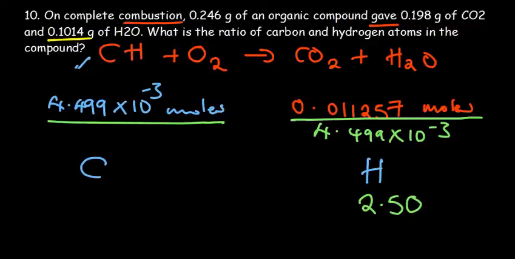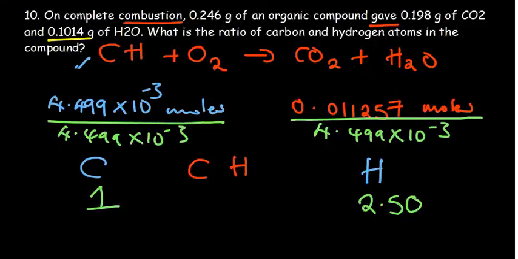And then here dividing by itself is expecting to give us what? A 1. So what we are seeing is carbon to hydrogen 1, 2.5. So we can't just say 1 to 3. So we can be wise by, we know 2.5 multiplied by 2 gives us a 5.